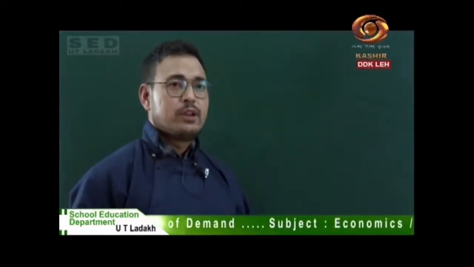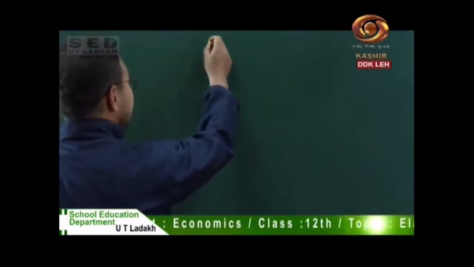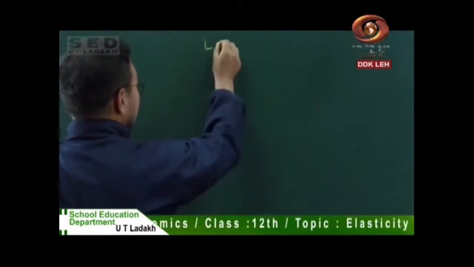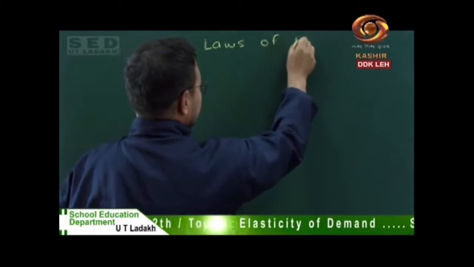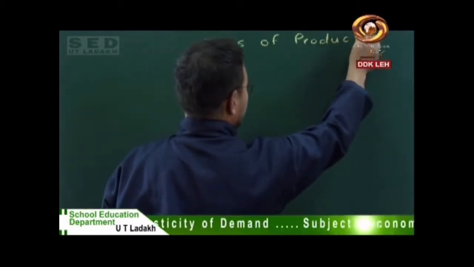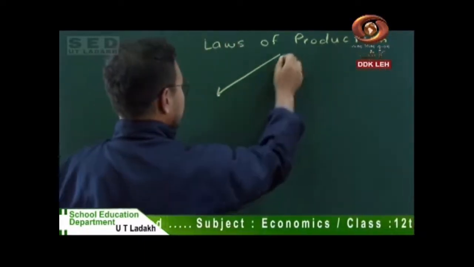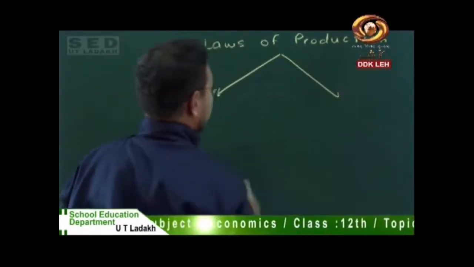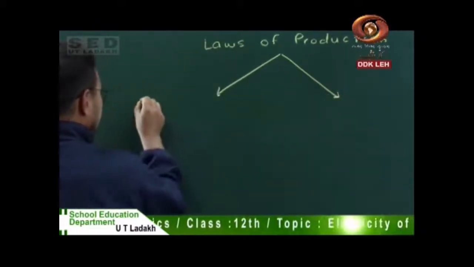So the next topic will be about the long run production function. At a higher level, we studied that the laws determining production, or laws of production, will be different for different time periods.